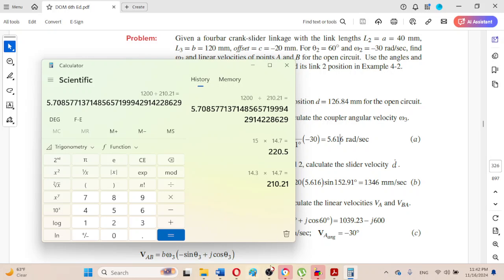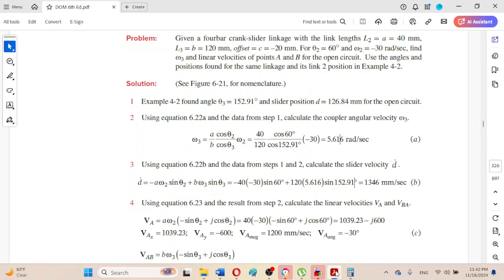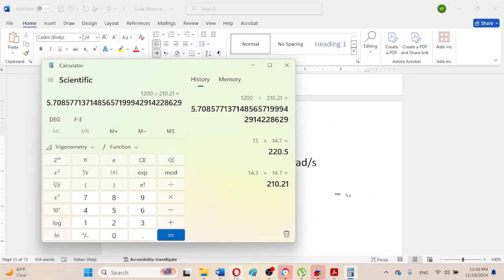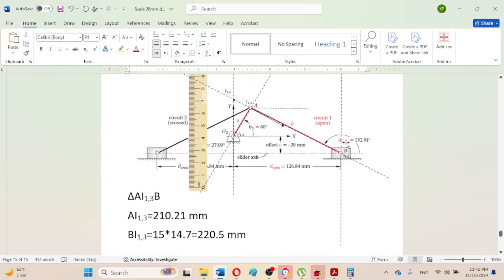After that, the requirement is the linear velocity of the slider. So that means we will be calculating the velocity of this point B on the link in complex motion, the absolute velocity of this point B which is located on the complex link AB, which is the connecting rod.